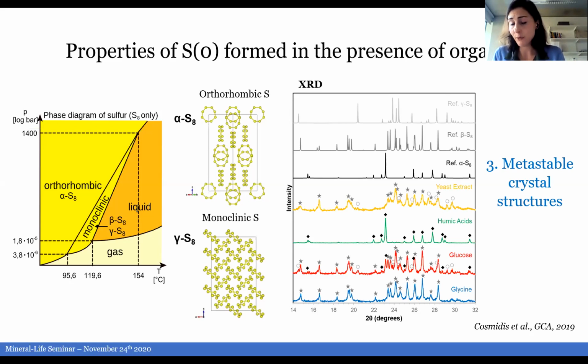Here I'm showing you 4 different experimental spectra, and you see that depending on what organic compounds we use in our experiments, here we tried yeast extract, humic acids, glucose, and glycine, we could obtain different assemblages of these different structures. So the organics not only control the morphology of the sulfur, they also control the crystal structure of the sulfur.